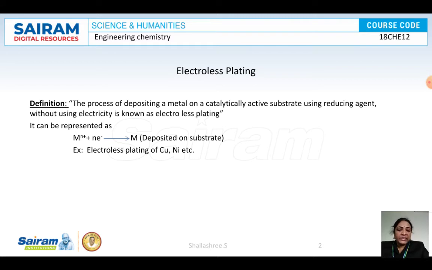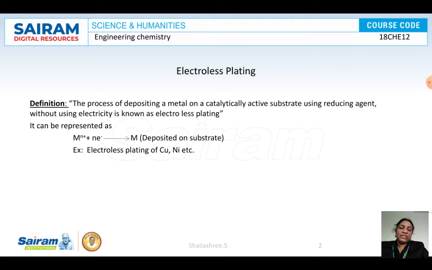They promote the rate of the reaction until one layer is formed. Once one layer is coated, that layer acts as a catalyst to promote the reaction because we are not using any source of electric current. This layer only acts as a catalyst to fasten the rate of the reactions. I think it's clear.